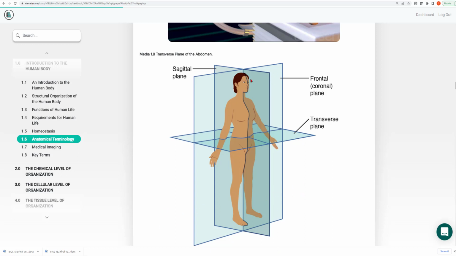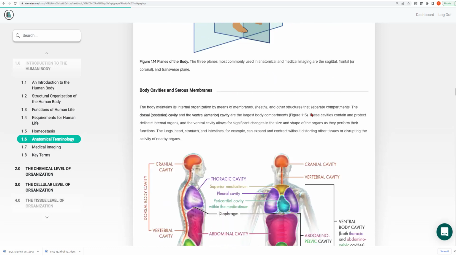The section that is providing left and right sections is called sagittal. If it's right down the middle, you could call it mid-sagittal. And then the frontal or the coronal section is the one providing front and back portions of the body.